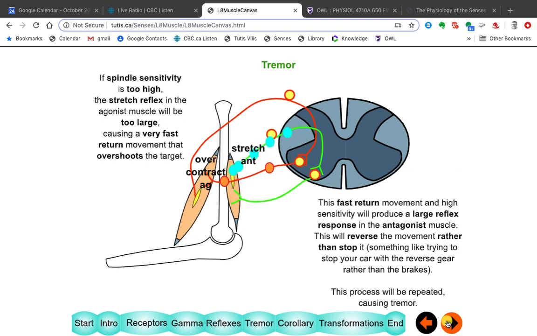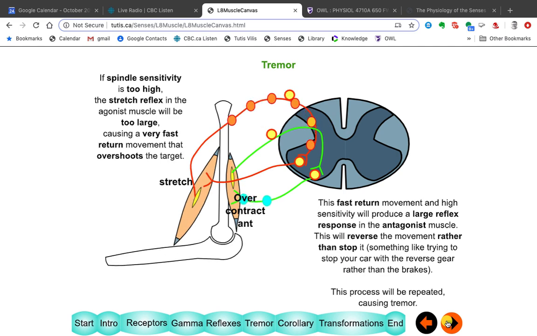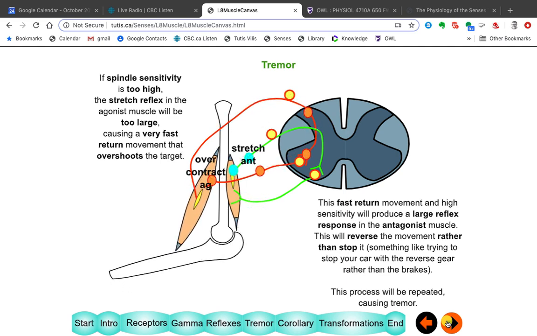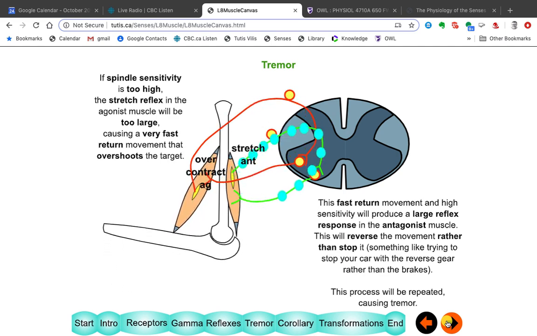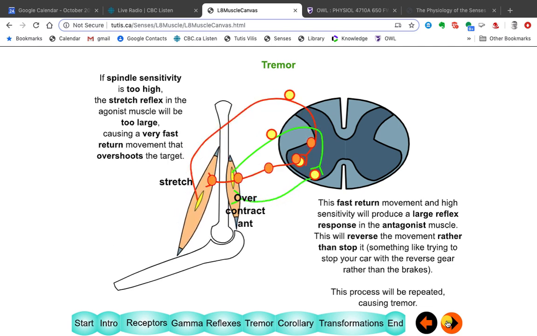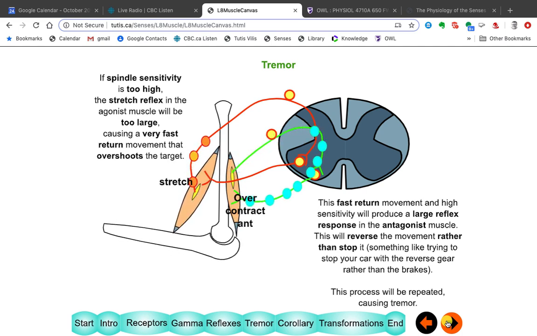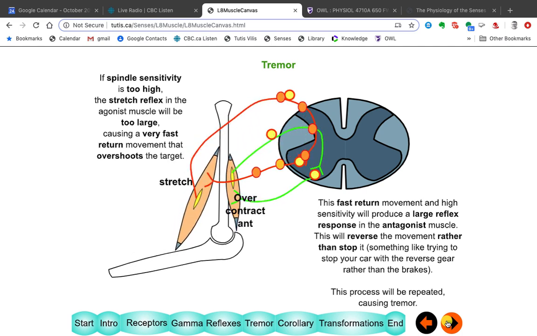If instead we go to here, you can see that the arm keeps going back and forth. We're getting tremor. And that's because there's too much activity coming from the spindles.